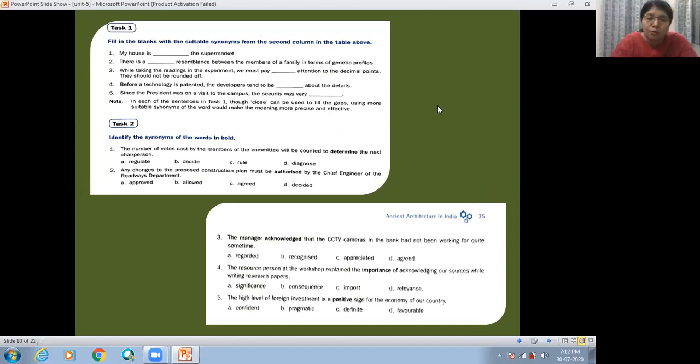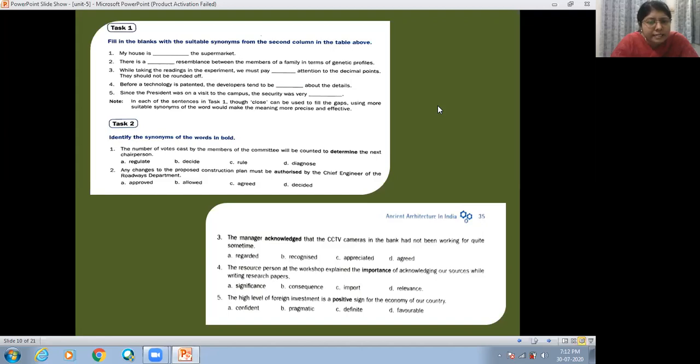They should not be rounded off. Before a technology is patented, the developers tend to be dash about the details. So here you can use secretive. Since the president was on a visit to the campus, the security was very tight.